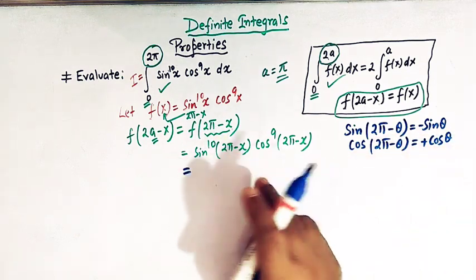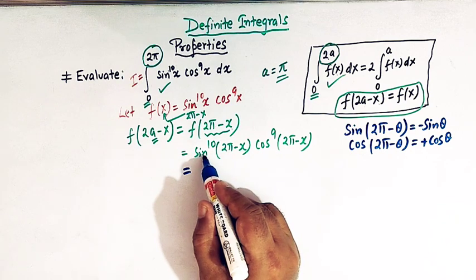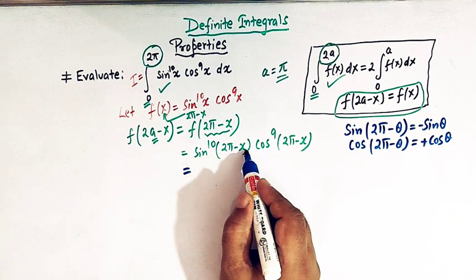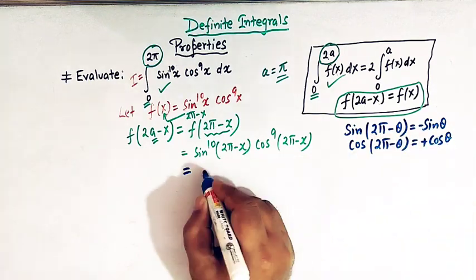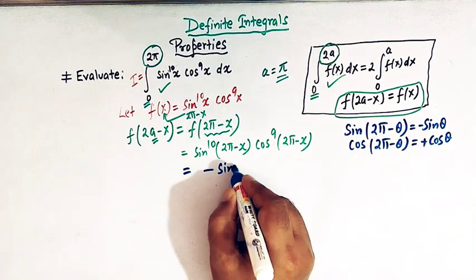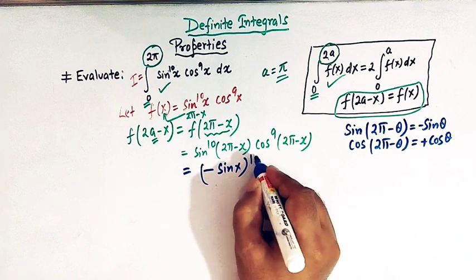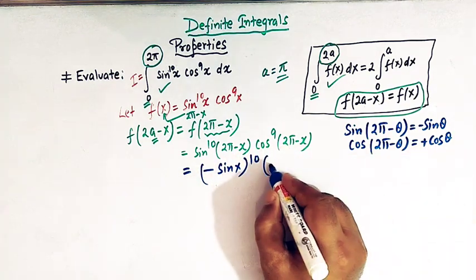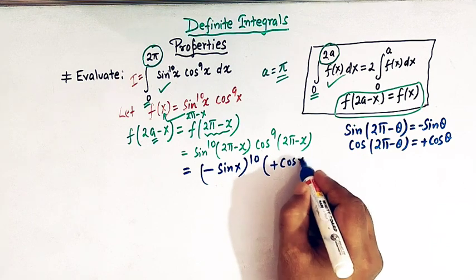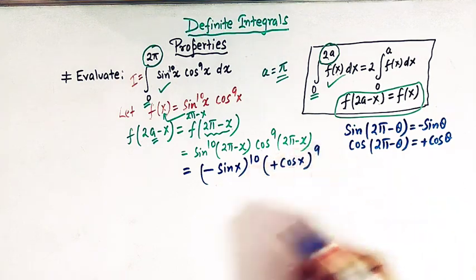So sine of 2 pi minus x is minus sine x, with power 10, and cos of 2 pi minus x is positive cos x, with power 9.